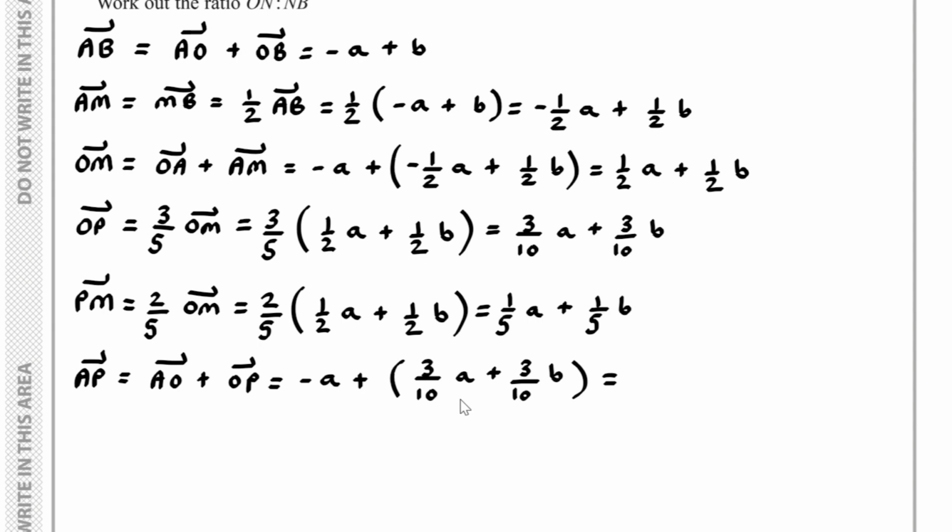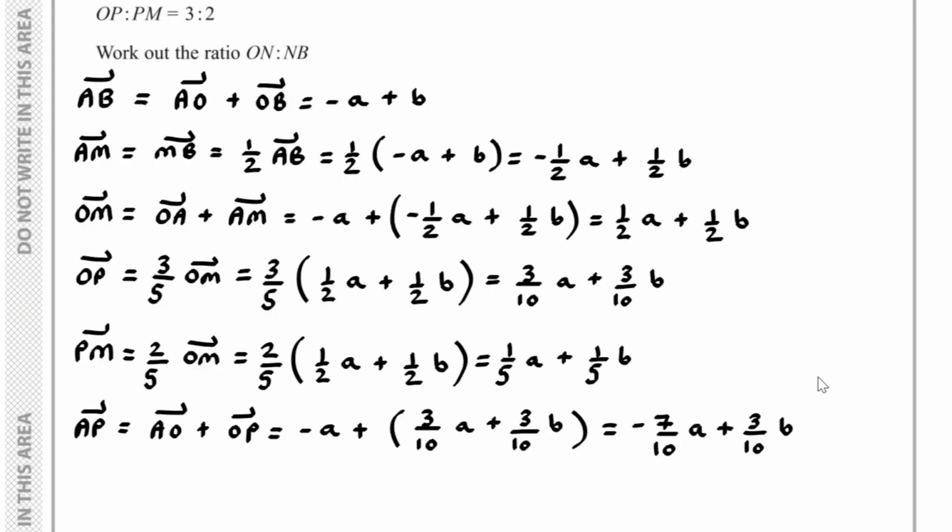And if I work out what this is, it turns out the vector AP is minus 7/10 A plus 3/10 B. So how does this help us?